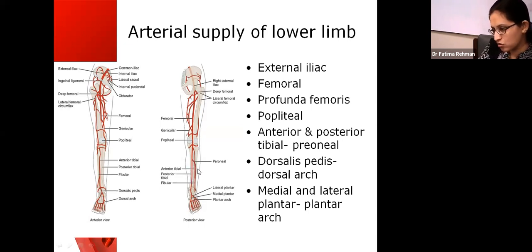Posterior tibial is also giving off the peroneal artery over here, and then it continues downward. This posterior tibial is divided into the lateral and medial plantar arteries, and these plantar arteries are responsible for the formation of the plantar arterial arch on the sole of the foot. So this is the diagrammatic view of the arterial supply of the lower extremity.